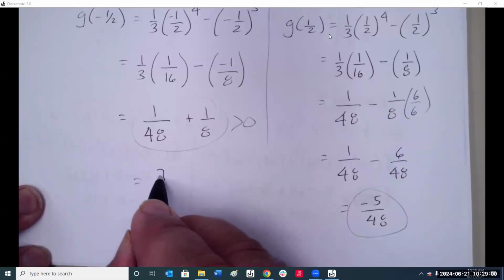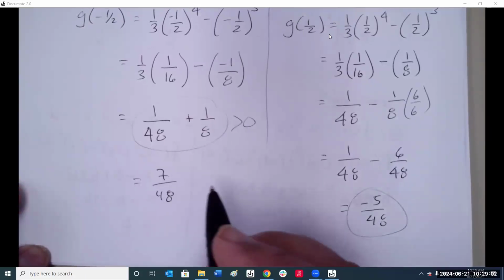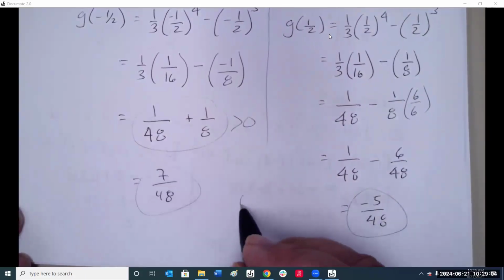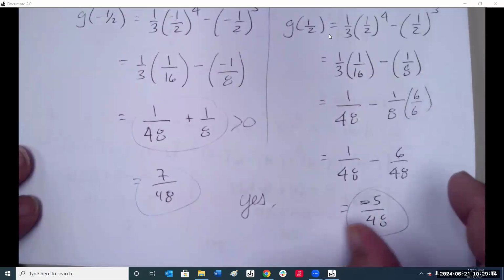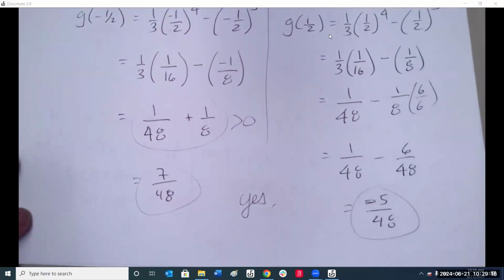This one's going to be 7/48. So, yep. There is going to be at least one x-intercept because the signs are different. Yeah, fractions are not the best ones to have.